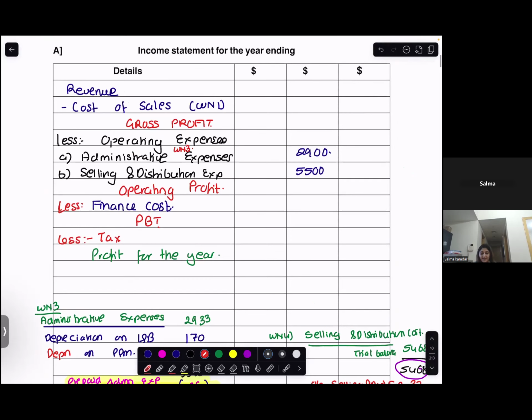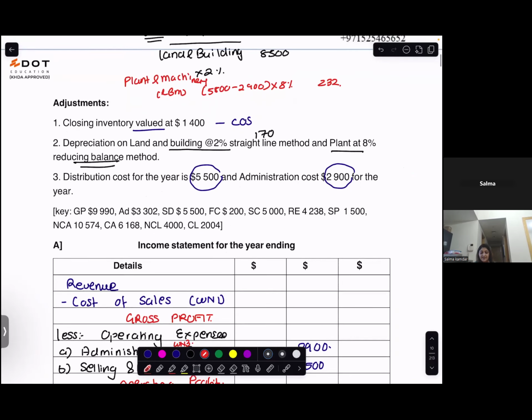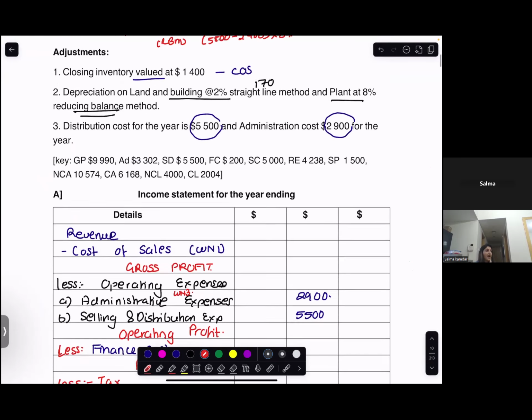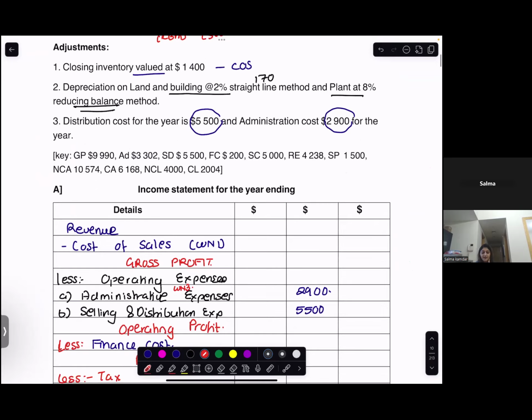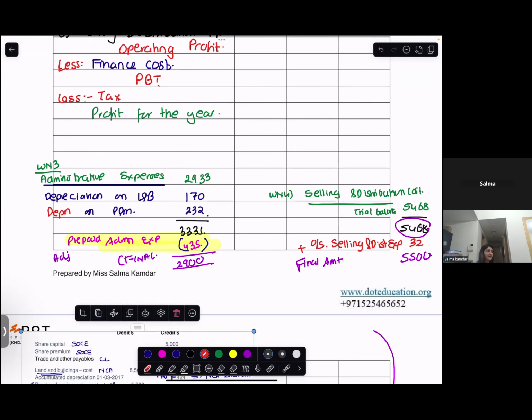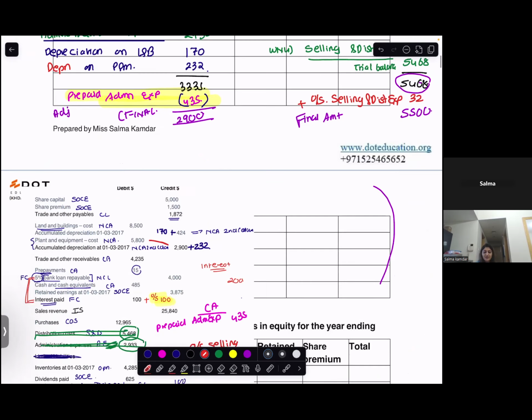With this, I have completed my entire adjustments. I have completed my entire trial balance and I'm left with the markings. Are you with me? Now I start with my trial balance.